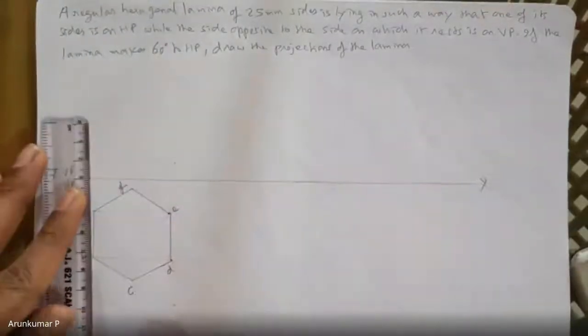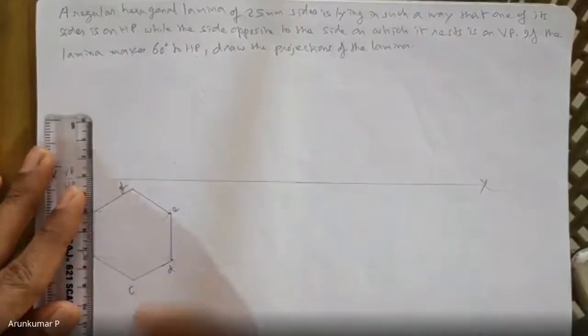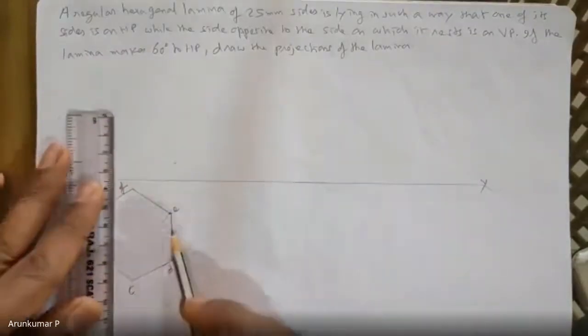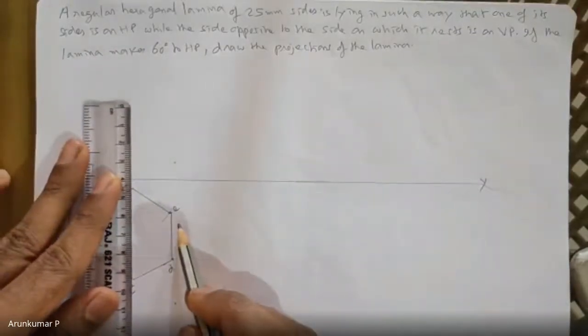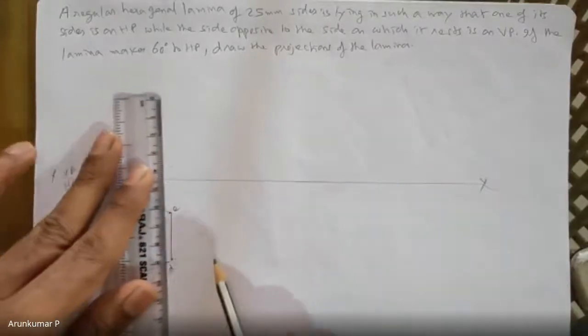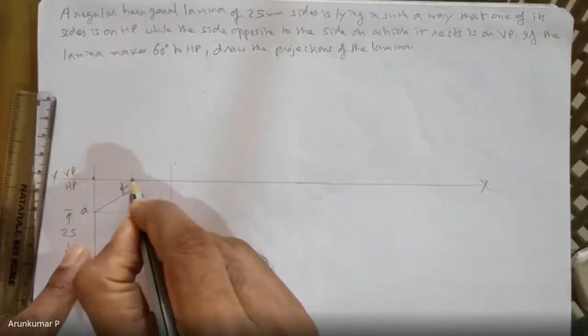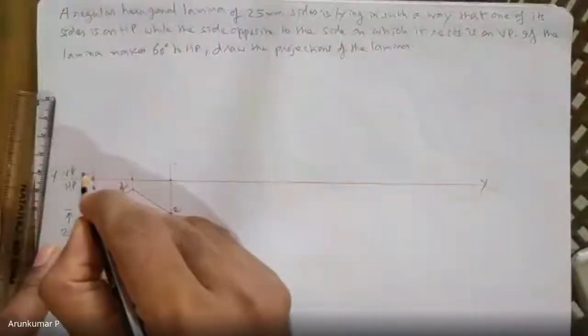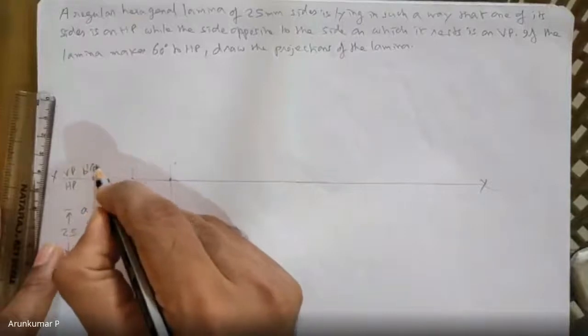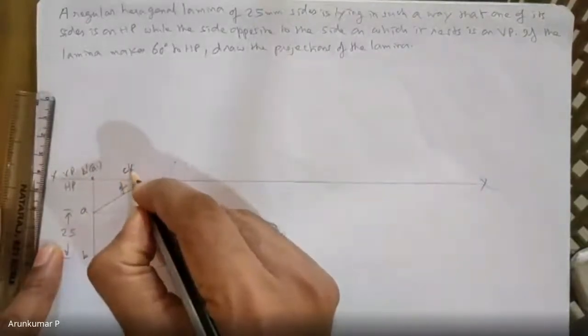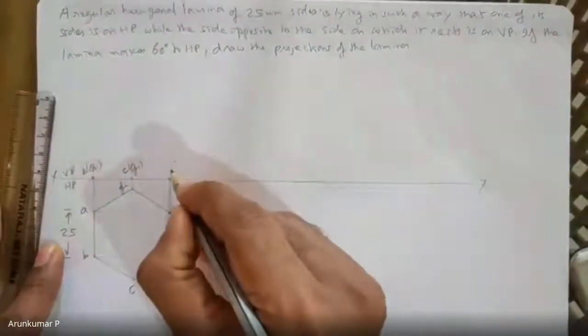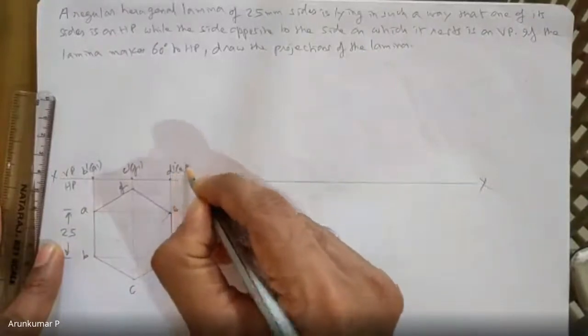So three vertical projectors, all till the XY line, not beyond that. So 3 points, B dash A dash, C dash F dash, and D dash E dash.